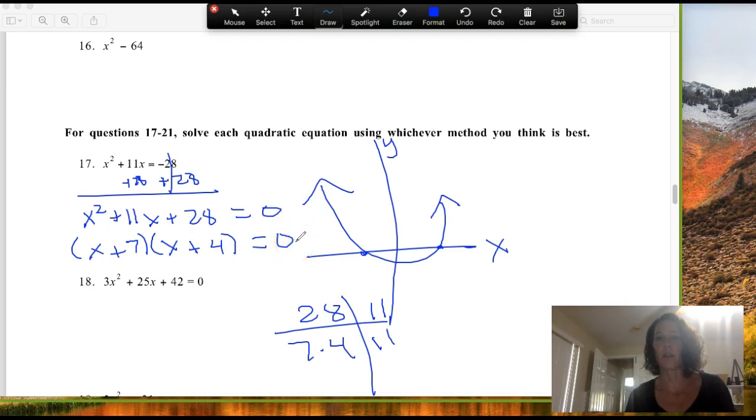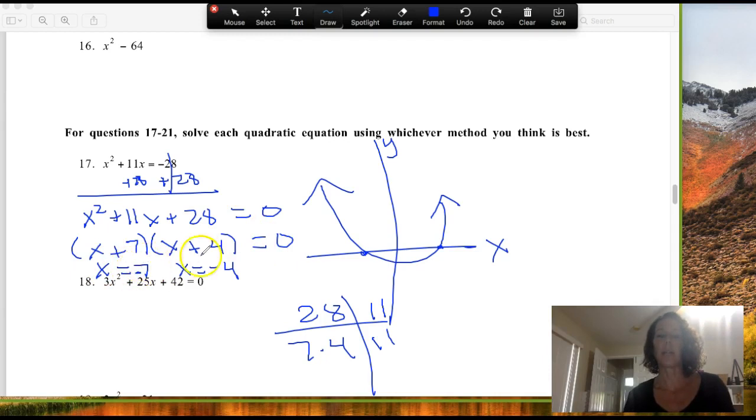It's called the zero product property because I'm making a product of two numbers by multiplying. So either this was 0. Well, what makes this 0? If x were negative 7. Negative 7 plus 7 is 0. What would make this 0? If x were negative 4. Negative 4 plus 4 is 0, and then 0 times anything is 0.